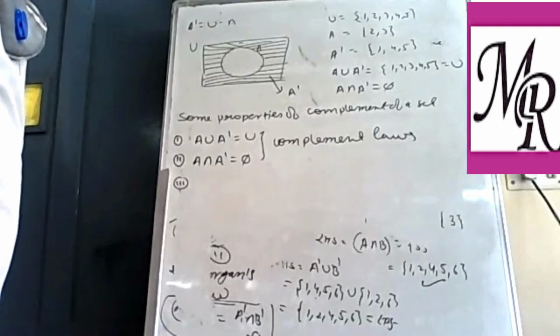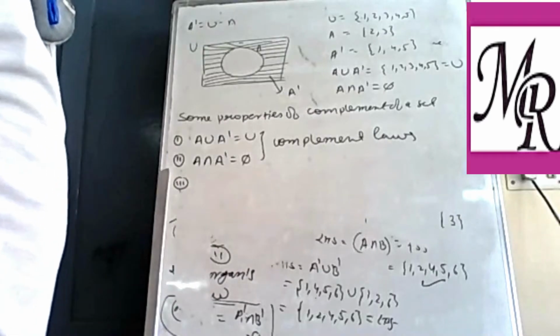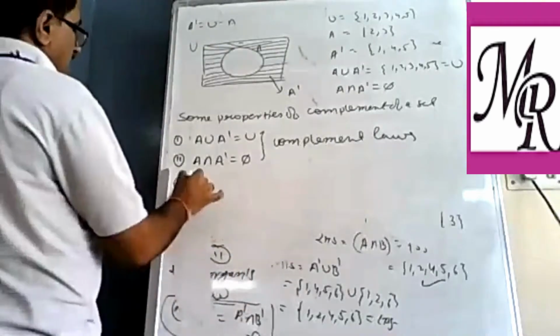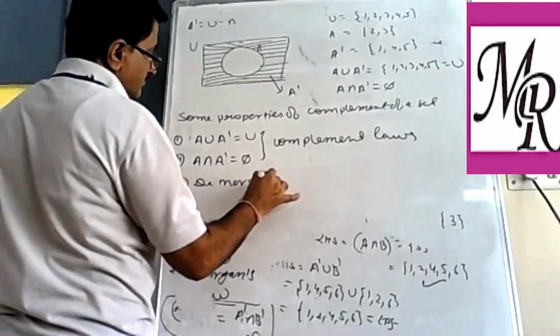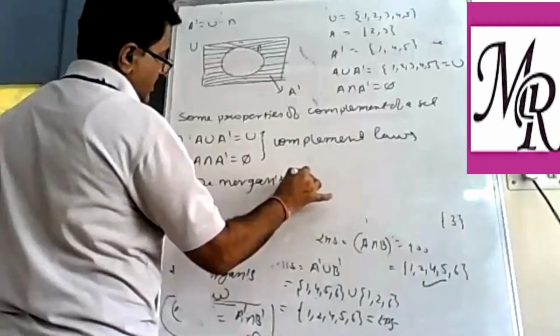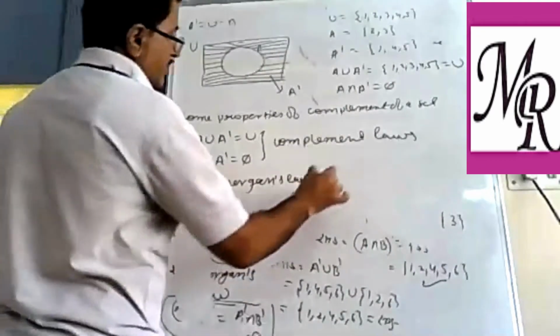Then third, we have already discussed De Morgan's law, two rules. We proved these in an example earlier.